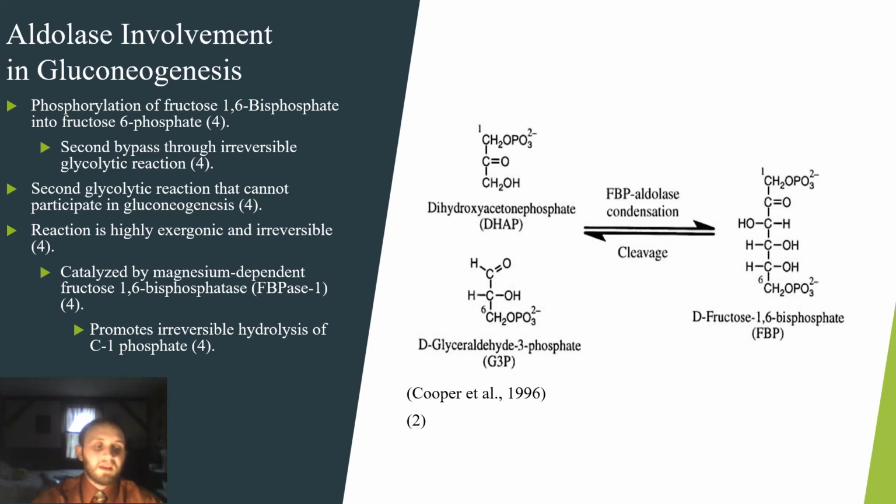So the reactions are irreversible in the intact cells. And so the generation of fructose 6-phosphate from fructose 1,6-bisphosphate needs to be catalyzed by a different enzyme, specifically the magnesium-dependent fructose 1,6-bisphosphatase. And that promotes the essentially irreversible hydrolysis of the C1 phosphate, not the phosphoryl group transferred to ADP.